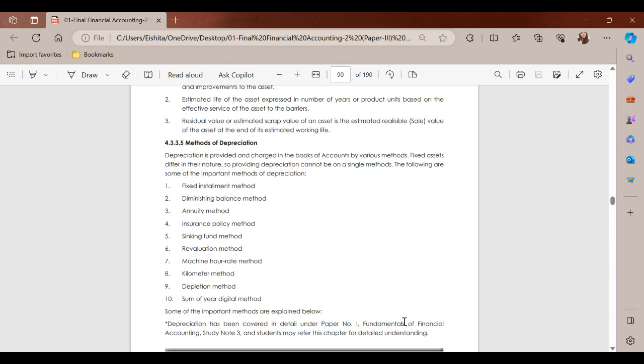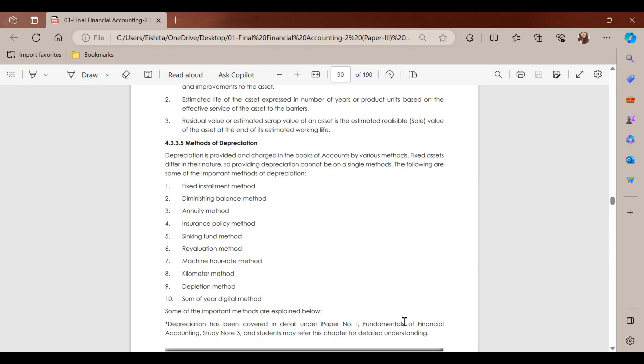So, for example, you are writing off the value of the asset over 10 years or over 15 years, depending upon the asset, depending upon the useful life. There you will write off the annuity, and that annuity is debited to the P&L.